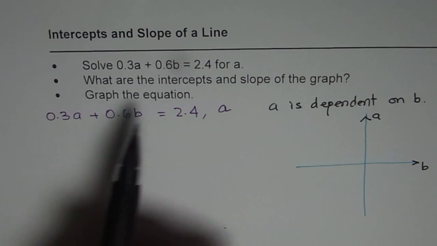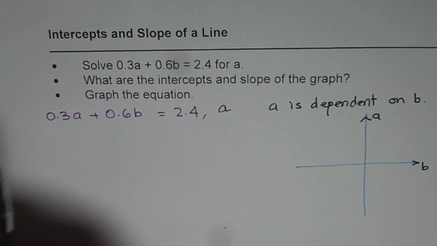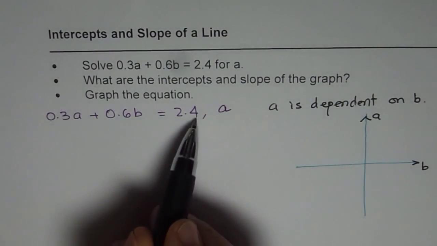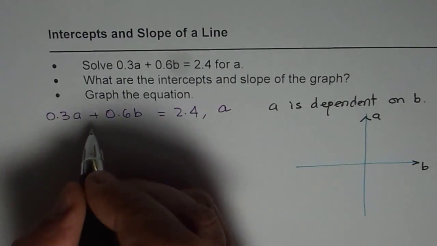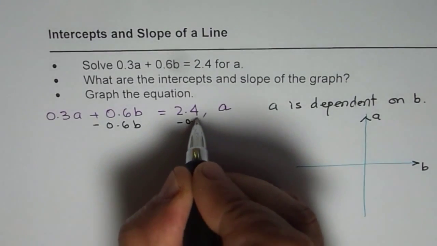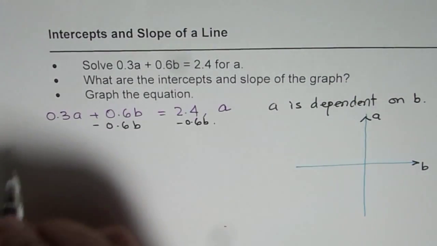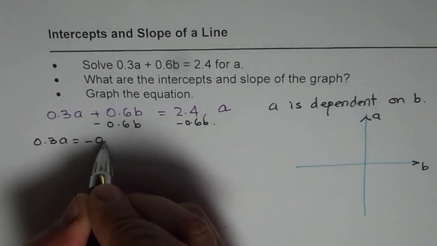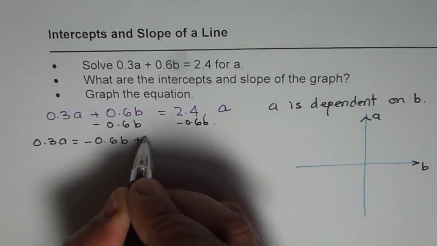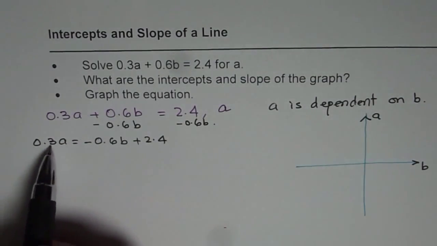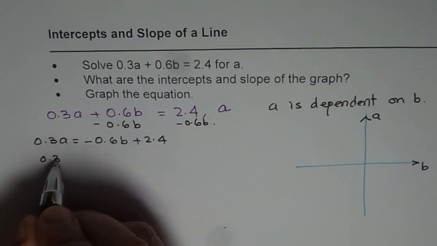Let's continue. So let us first isolate for a. 0.3a plus 0.6b equals 2.4. So we'll take away 0.6b from both sides, correct? You get 0.3a equals minus 0.6b plus 2.4. Next step is divide by 0.3. So let me write this separately.